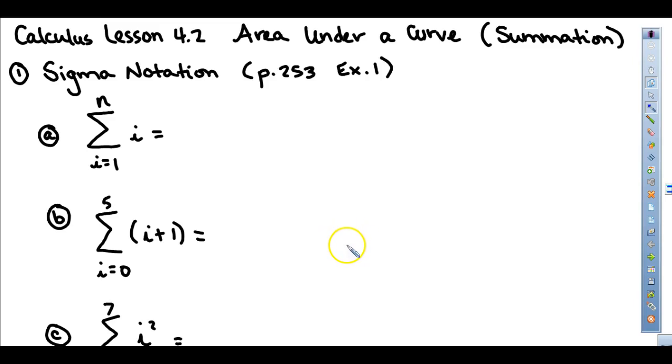We're going to pick up a little bit where we left off in 4.1, and we're going to add 4.2 to it. And as we do lesson 4.2, you may be thinking, what does this have to do with 4.1? It looks nothing like it.